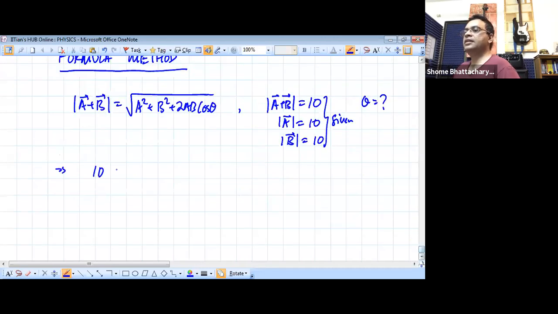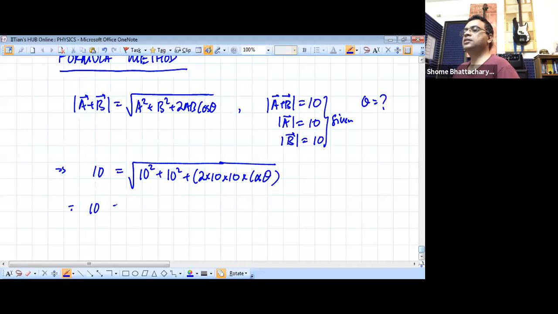You get that 10 is equal to square root of 10 square plus 10 square plus 2 into 10 into 10 into cos theta. You get the result that 10 is equal to 100 plus 100 plus 200 cos theta.